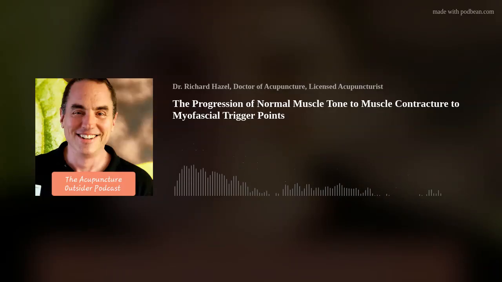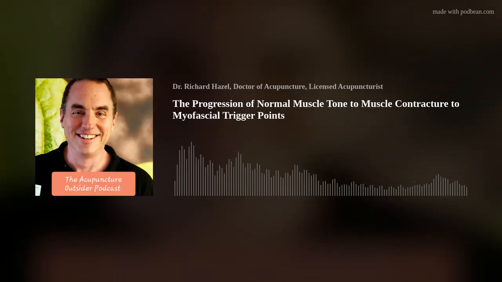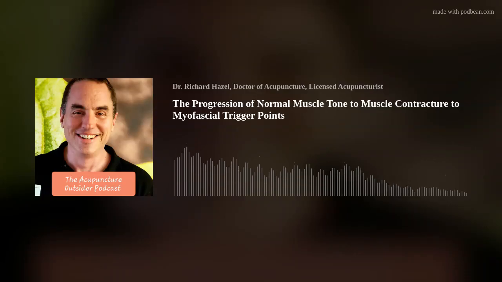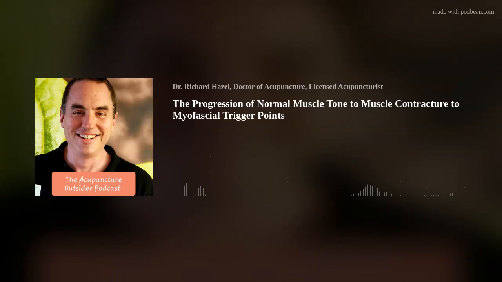However, there are some subcortical activities that will also engage muscle tone. Muscle tone is used for things like posture and defying gravity and preparation for more explosive movement. So we need muscle tone.